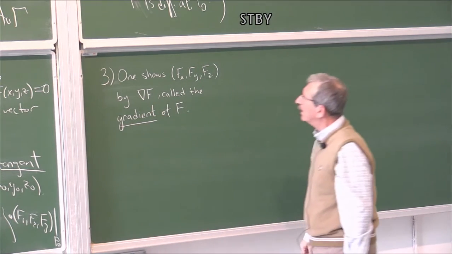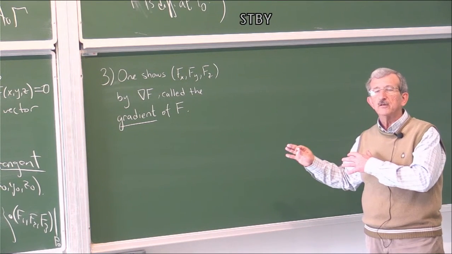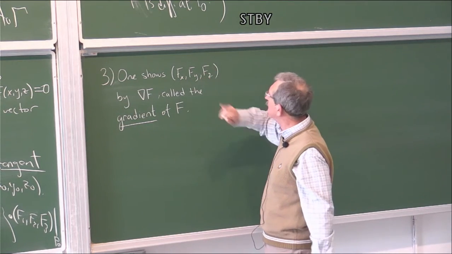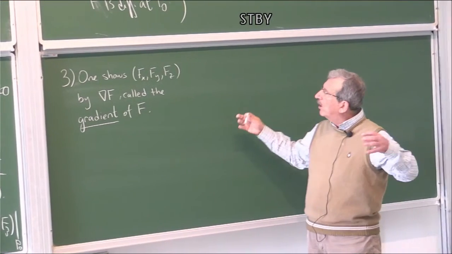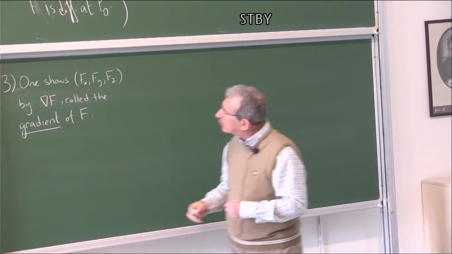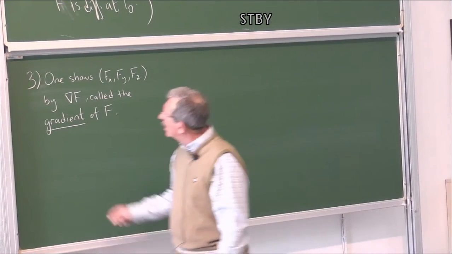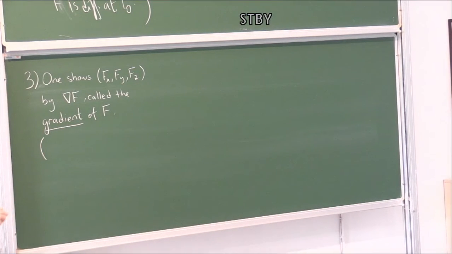Well, it simply means you put all the partial derivatives according to the order of the first variable, then the second, then the other, etc., and you form a vector of partial derivatives. Now, this also plays an important role, we will see quite soon, but this is defined independent of the dimension.